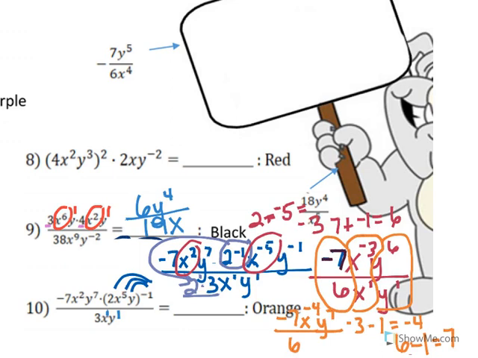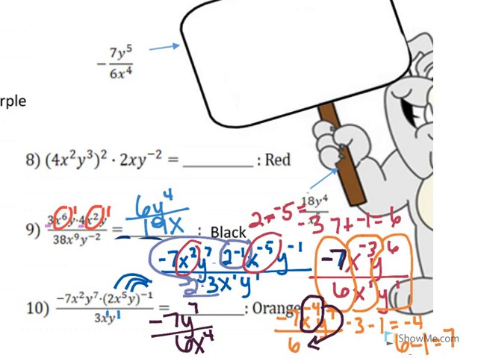Now I can move the negative 4, because that's a negative exponent, to the bottom. Okay, so your final answer would be negative 7, and then you'd have y to the 7th. And then you'd have 6 x to the positive 4.